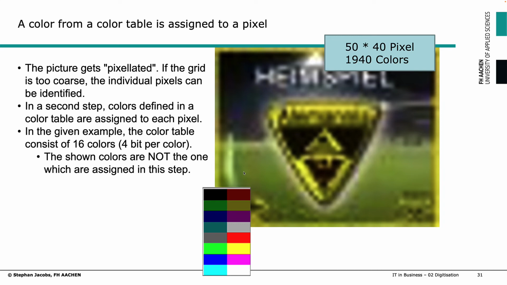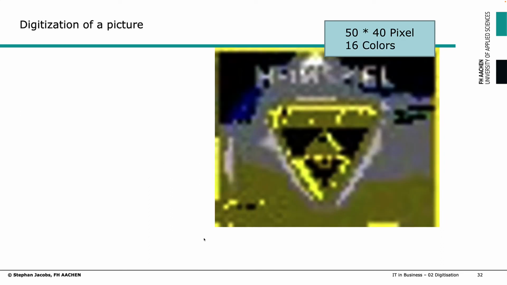That means I would offer 4 bits per color. And the scheme shown in here is not the one which is later used, so we take another one. But the picture becomes even worse in quality. Now I have a picture with 50 times 40 pixels, which only uses 16 colors.